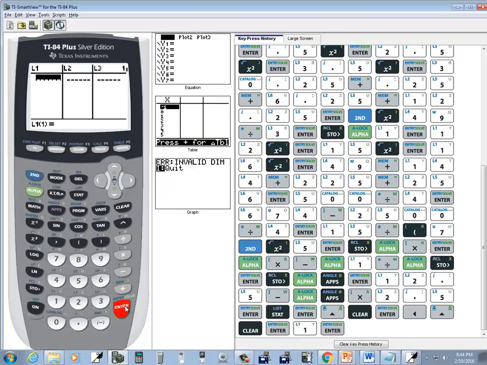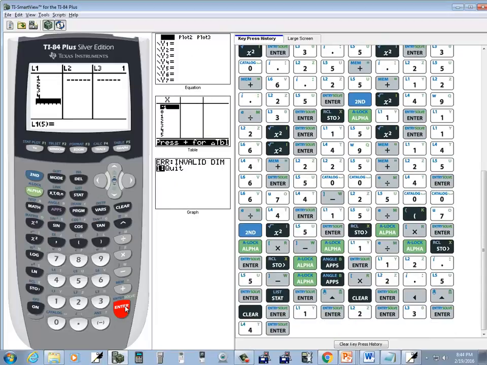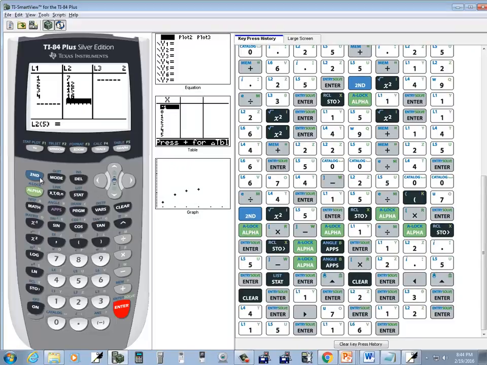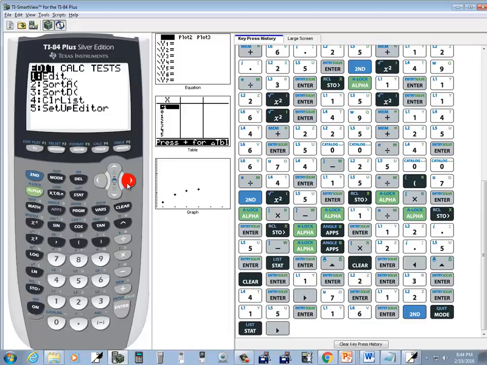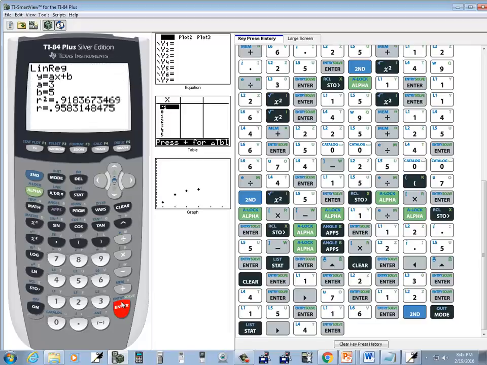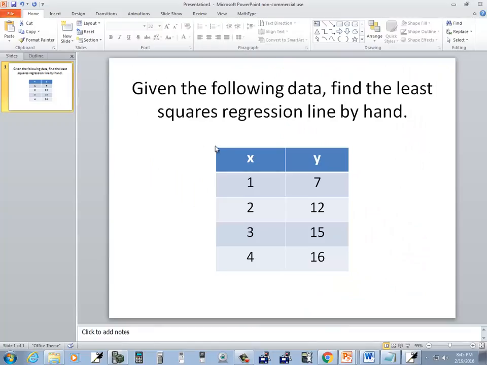Then I got 1, 2, 3, 4, 7, 12, 15, 16. Then I'll exit out. Then I'll do stat, right arrow to calc, and I'll choose number 4, and press enter. Ah, that's not good. A is 3 and B is 3x plus 5.